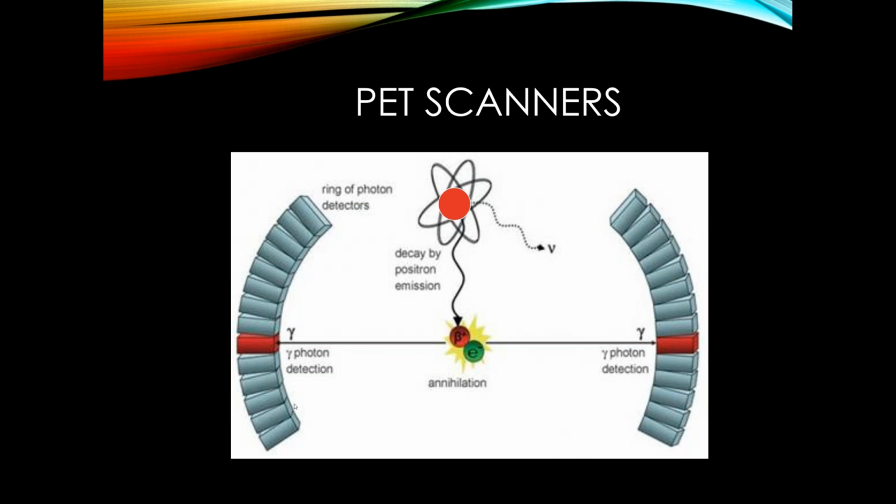And because of this very sophisticated camera, we're able to have a spatial resolution of basically 5 millimeters. Whereas with the gamma camera, the spatial resolution is not as great, maybe 1 to 1.2 centimeters. So the PET scanner by far has better spatial resolution than the gamma camera.